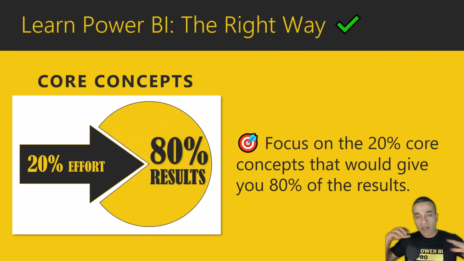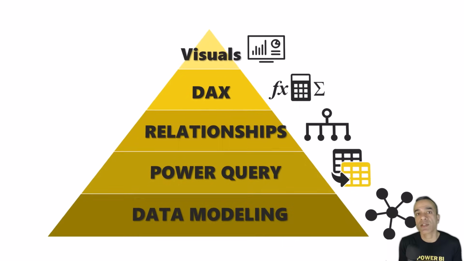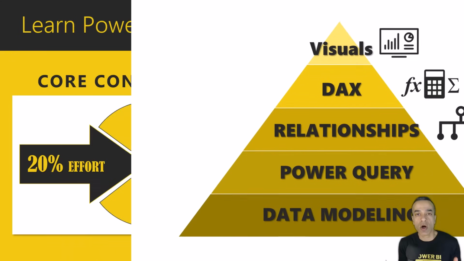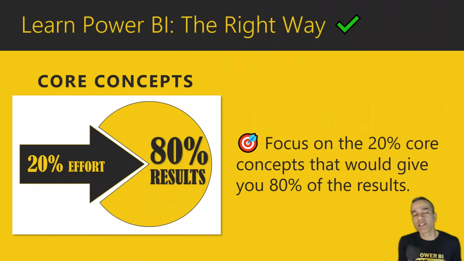Instead of trying to learn everything, focus on the core concepts. We hinted at some of these during this tutorial. We talked about how data modeling is one of the core concepts. We talked about DAX measures, but we didn't get to talk about what's called a DAX filter context. Now, these core concepts are important to understand, and they're not that hard either.